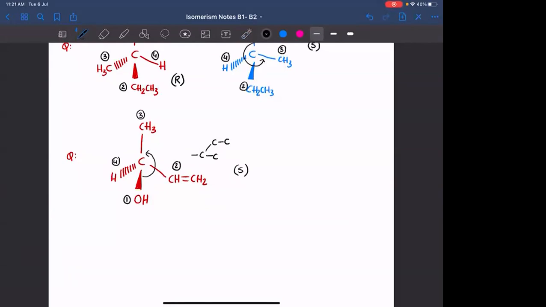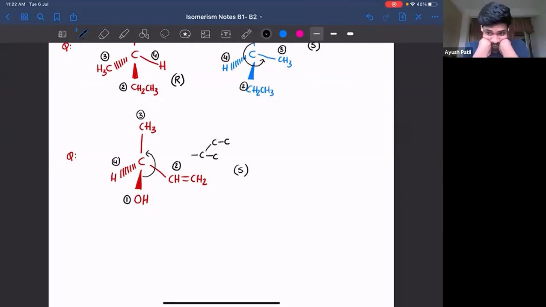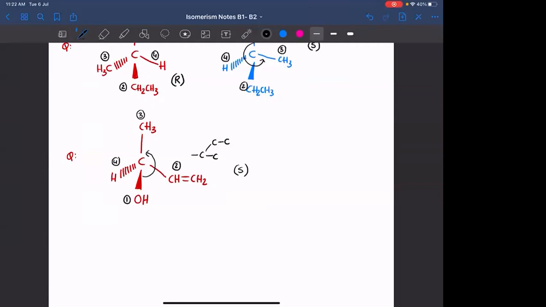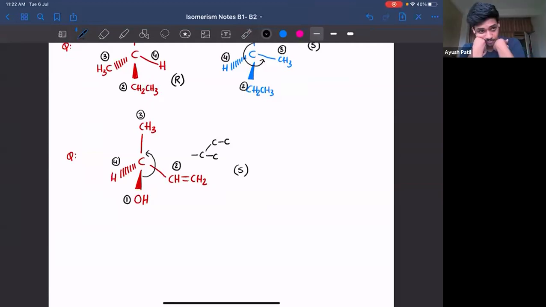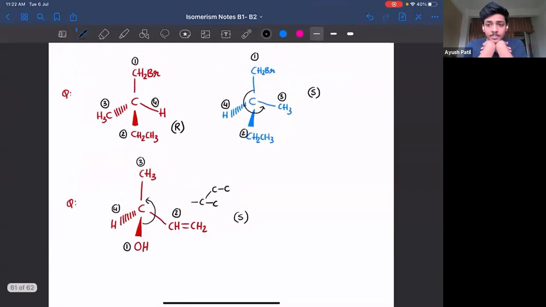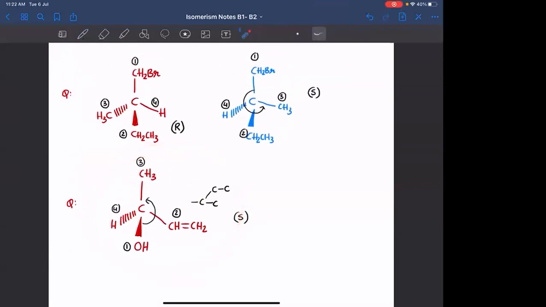Let's go to the next section. Okay. So if you observe, this particular drawing, this particular representation, is a bit tedious.